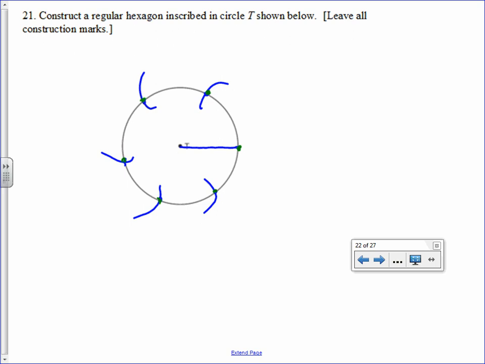I connect for a hexagon, I connect all of them using a straight edge. Not bad, considering it's freehand. If it was an equilateral triangle, you would connect every other point. That black would be the equilateral triangle.